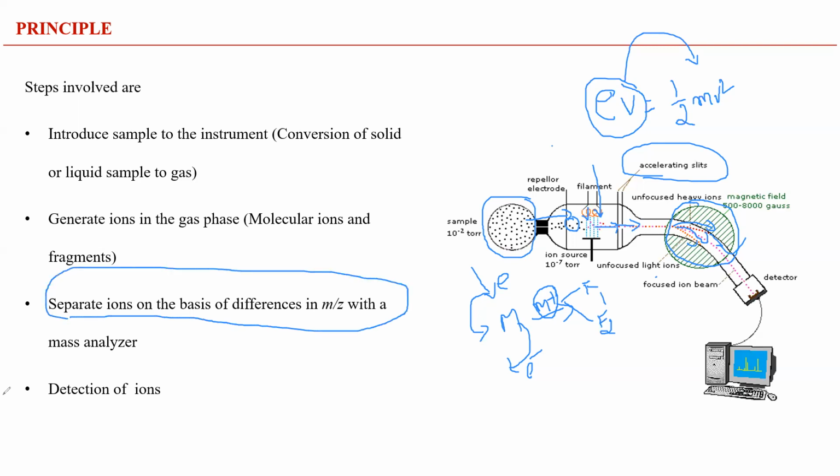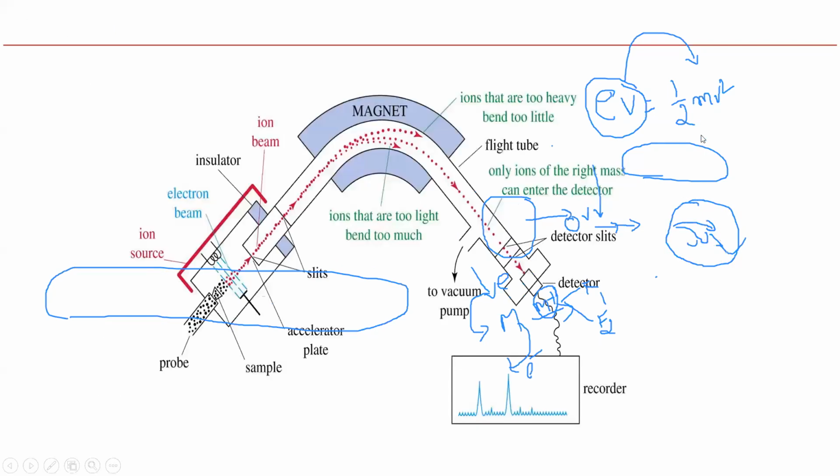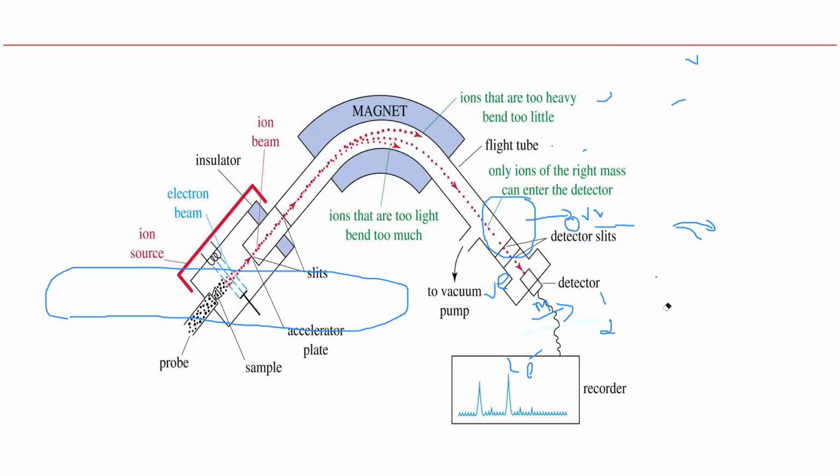Once they reach the magnetic field, they follow different mass by charge ratios. Based on their different radius, they follow different curvature paths.